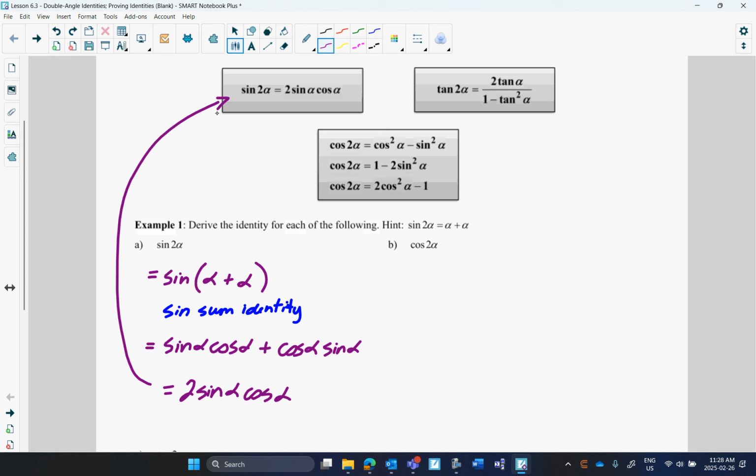Similarly, with cos. Well, cos 2 alpha means the same thing as cos of alpha plus alpha. That is the same as the cos sum identity.